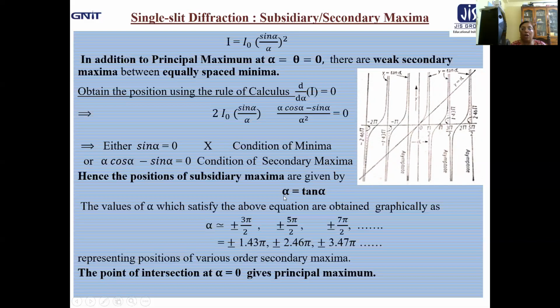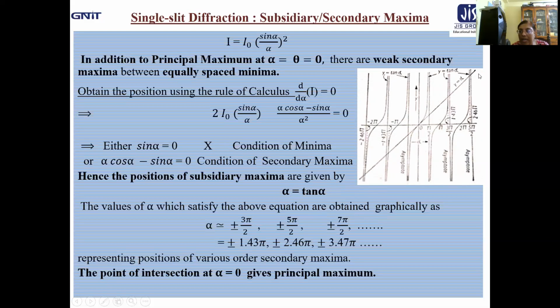When you are plotting y equal to alpha and y equal to tan alpha on the same graph, you will get the points of intersection from where you can find out the roots of the equation. With this graph, I think you are familiar from 12th standard. Still I am recapitulating.